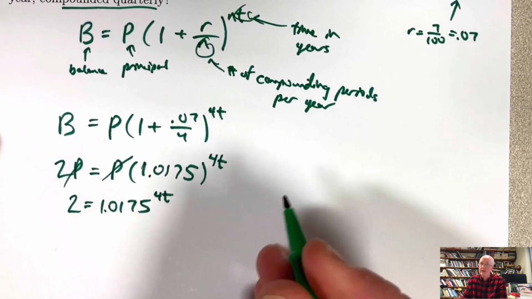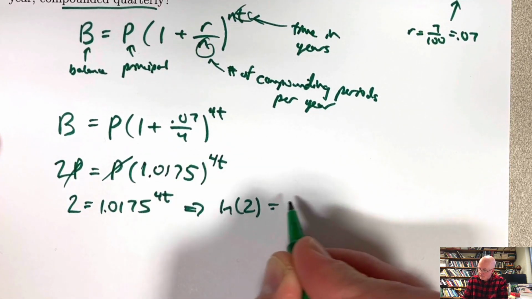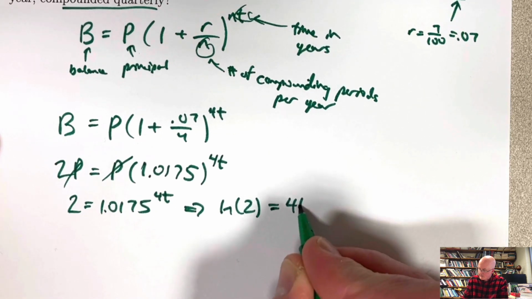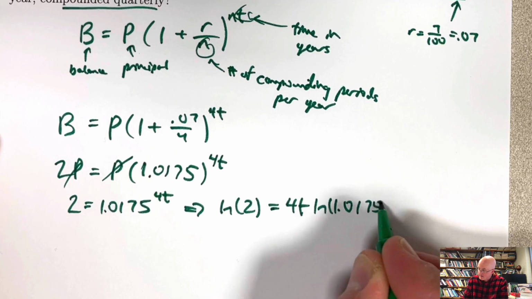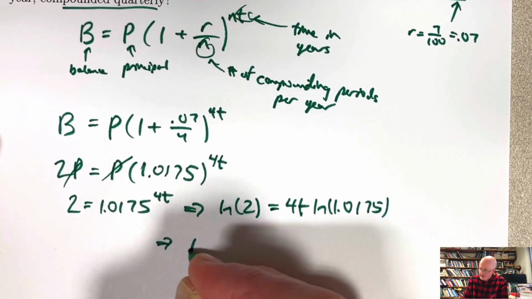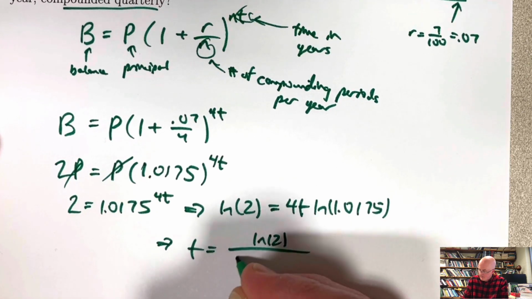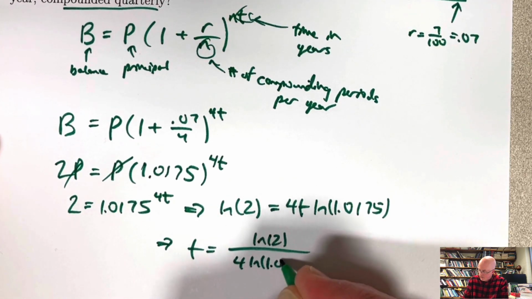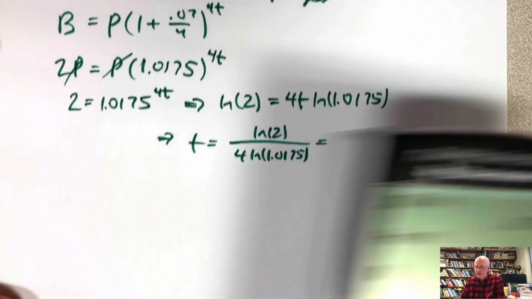We've got to solve for t, use logarithms yet again. ln of 2 equals, using a property of logarithms, 4t ln of 1.0175. In the end, we can write t as ln of 2 divided by 4 ln of 1.0175. I can bring the 4 into the exponent if I like, but I don't have to.